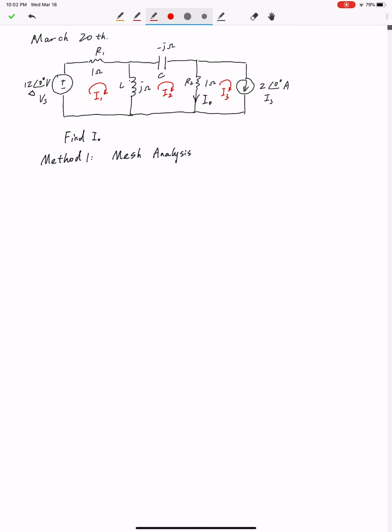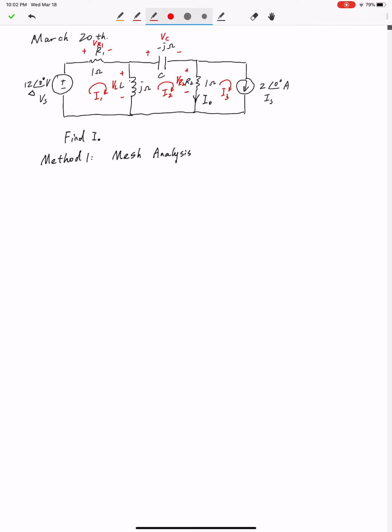Let's assume the voltage on resistor R1 is VR1, the voltage on the capacitor is Vc, the voltage on the inductor is VL, and the voltage on the second resistor is VR2. Polarities of those voltage variables are indicated on the diagram.